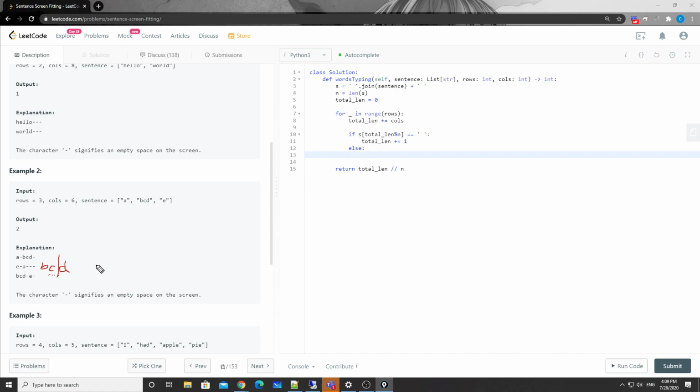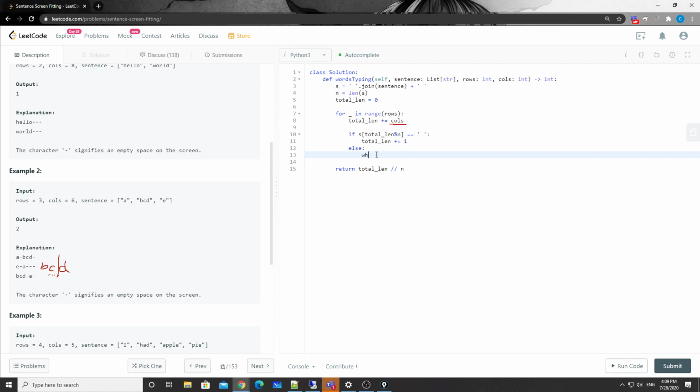In that case, we know that it means we cannot use all the positions, all the columns for the current row because we'll be cutting this word into two parts. That's why we have to go back, right?